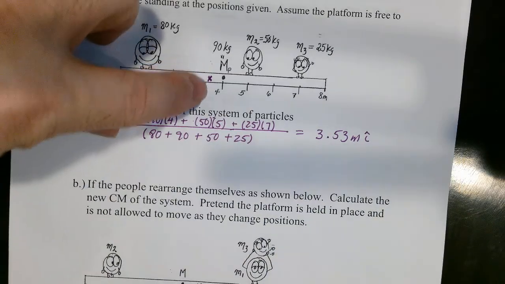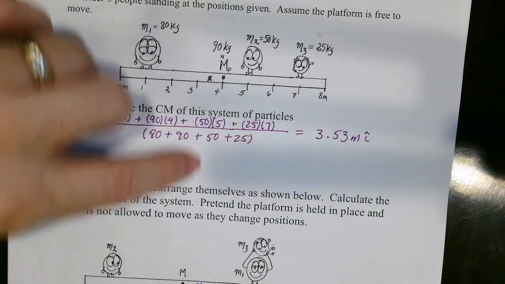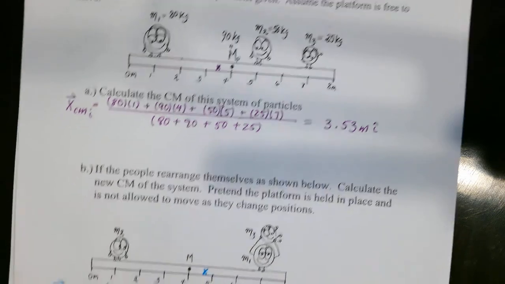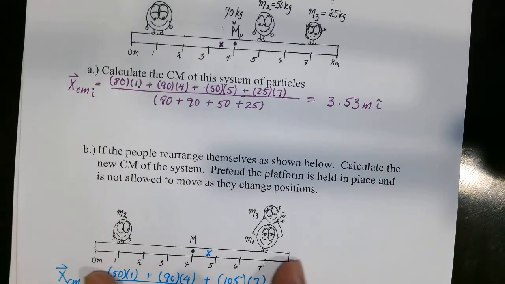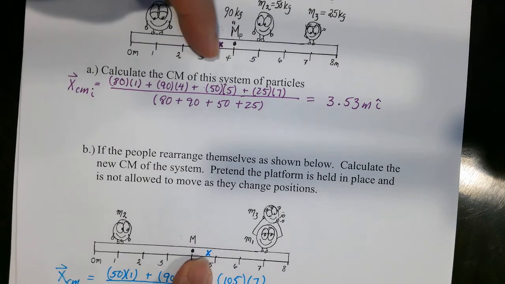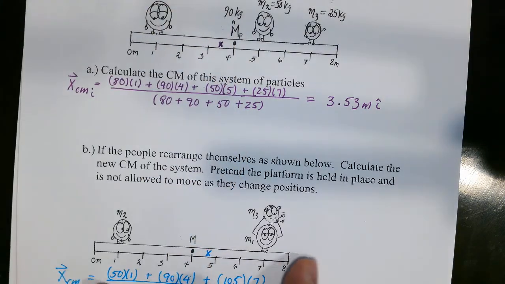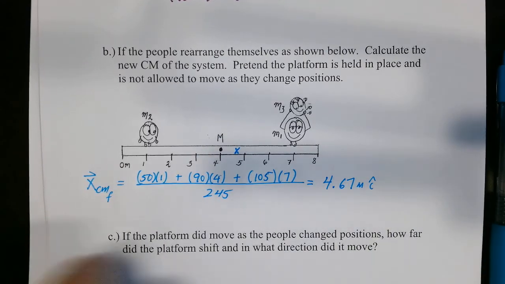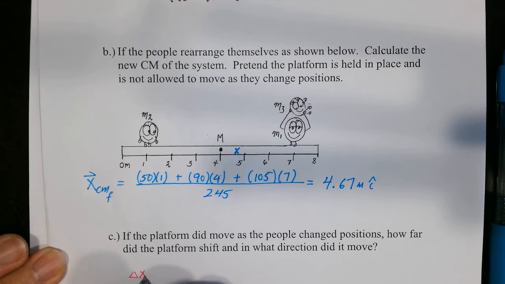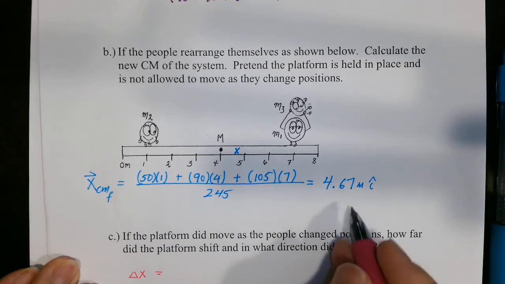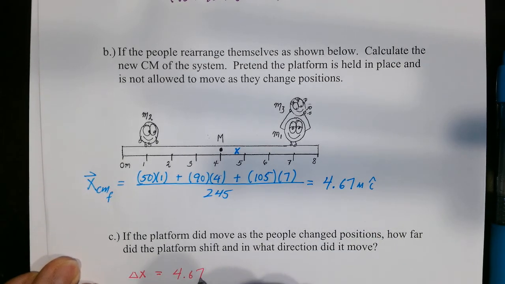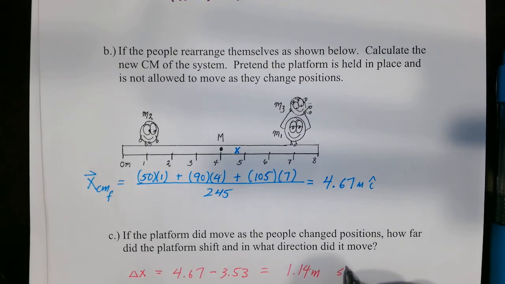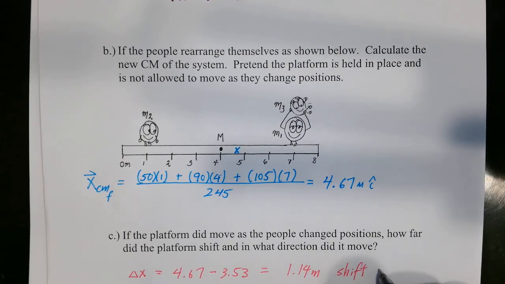So this has to line up, right? This has to line up. So it has to shift this way so that this and this line up, okay? So it has to shift this way to the left, right? So the delta x is equal to, right, 4.67 minus 3.53, and that is 1.14 meters shift to the left.